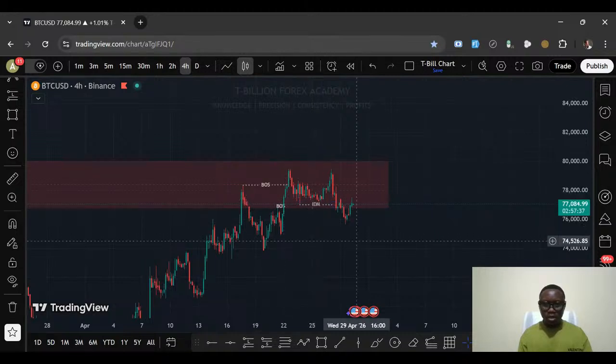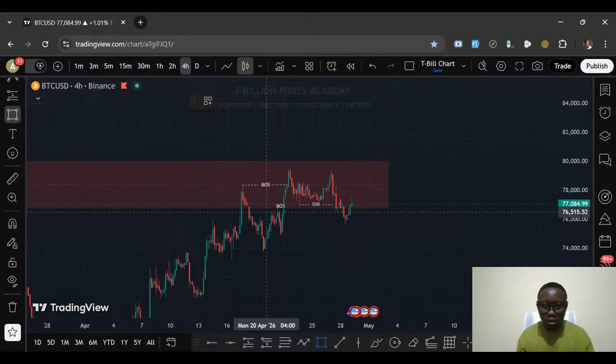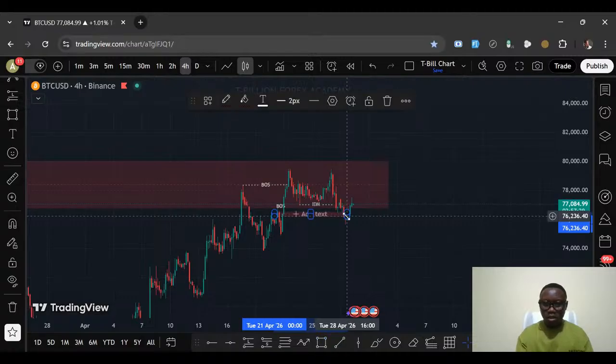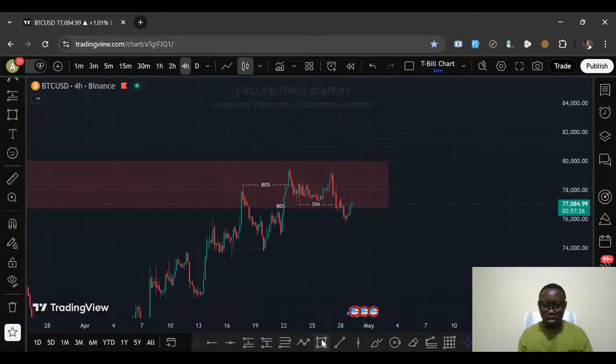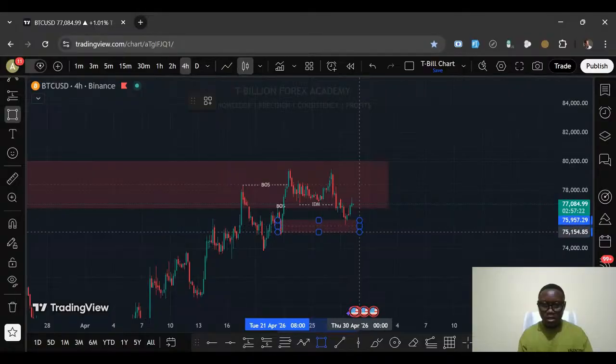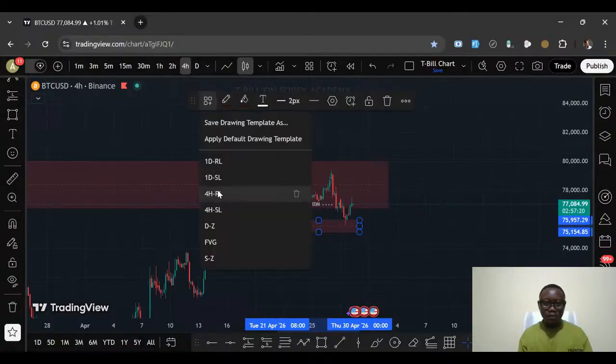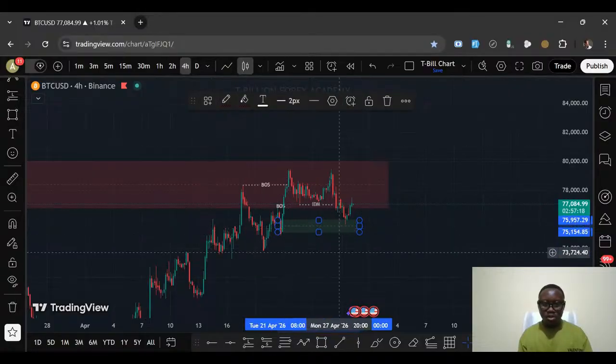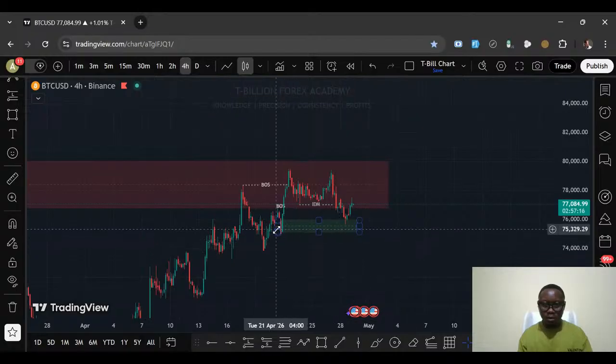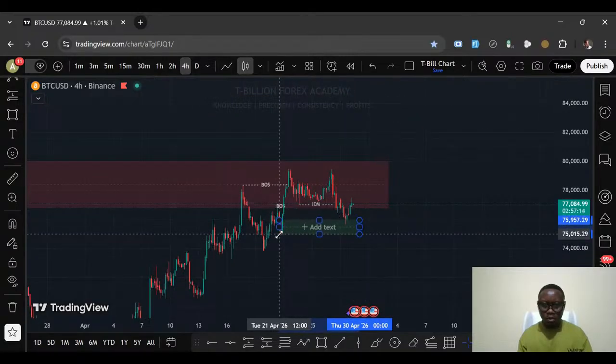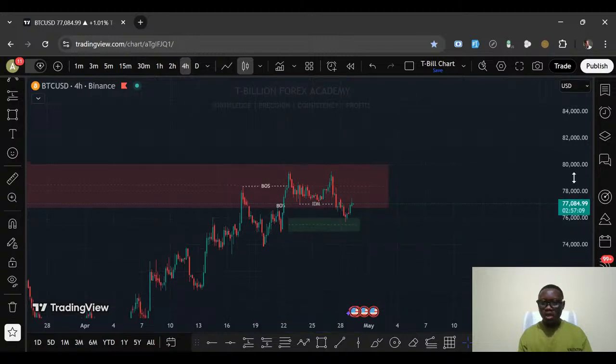All right, so price has already mitigated this breaker block right here, so we are not interested in that. However, price is currently reacting at this order block right here. This is our bullish order block, so this is our 4H POI.